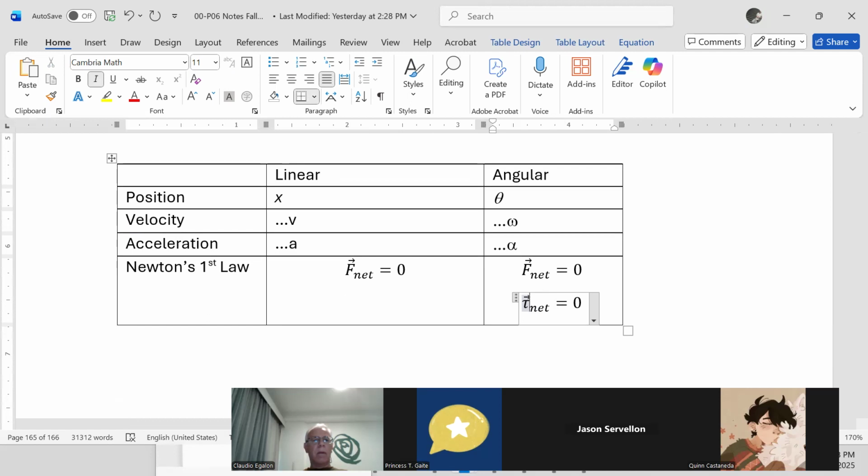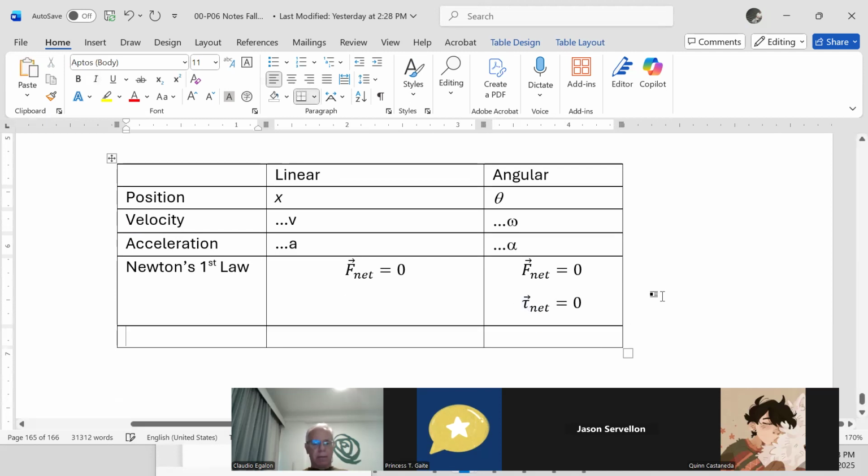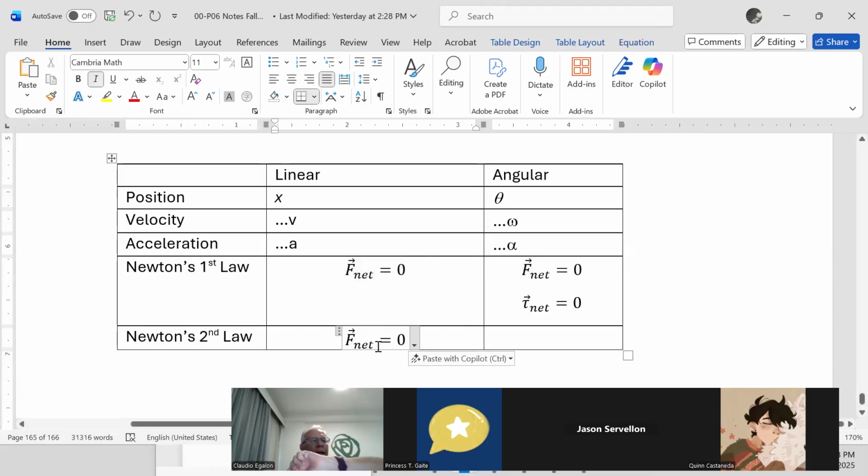Good. And then we're going to keep on adding more stuff here. Since we have the first law, we're going to have a second law as well. F net is equal to MA. Two more minutes to go.